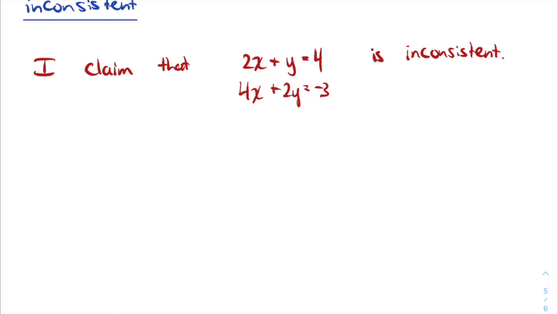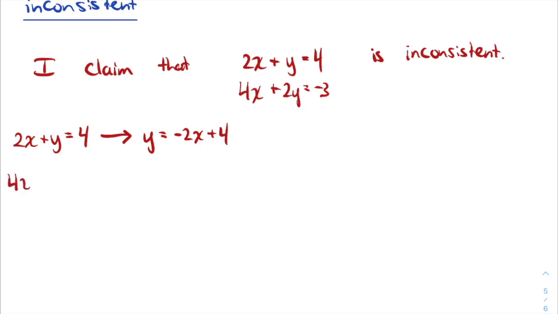Sure enough, let's look at this in two different ways. 2x plus y equals positive 4 can be rearranged to say that y equals negative 2x plus 4.